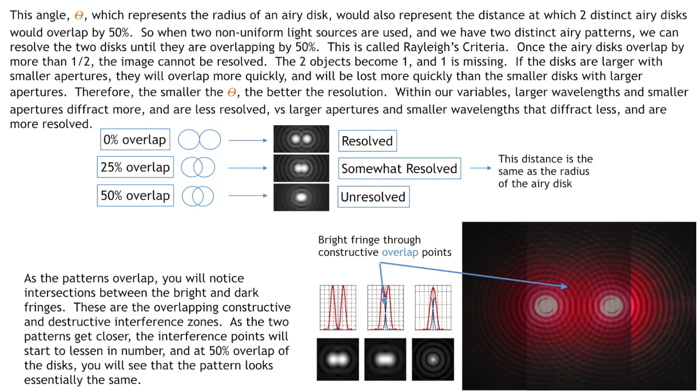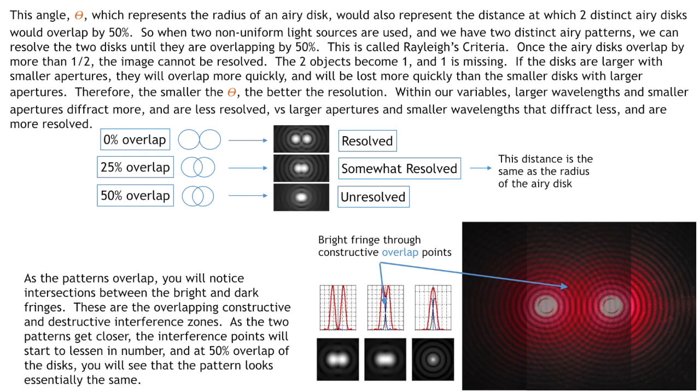You can pinpoint them as two distinct units for longer. So within our variables, larger wavelengths and smaller apertures diffract more and are less resolved, versus larger apertures and smaller wavelengths that diffract less and are more resolved. So here's the depiction. You have 0% overlap with these two Airy disks. Then there's 25% overlap. You can still somewhat resolve them. And then at 50% overlap, they become non-distinct entities and they basically merge and blur into one pattern.